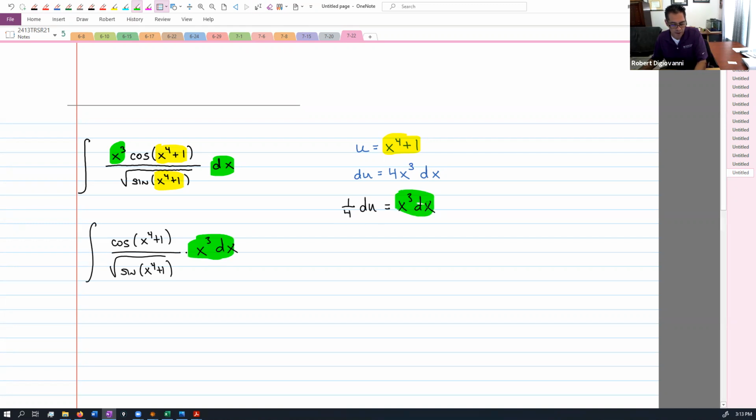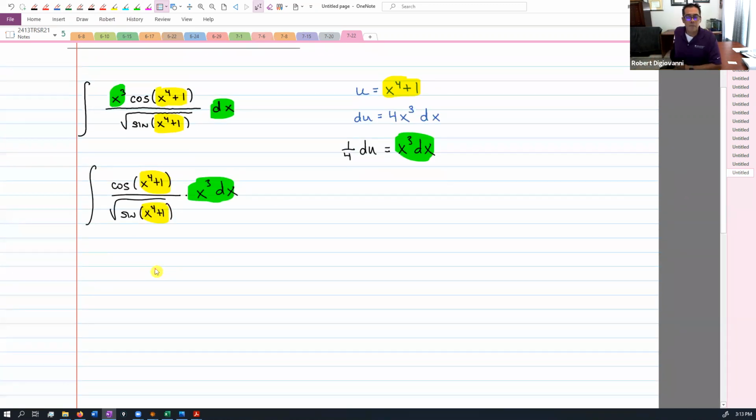The yellow parts are going to be replaced with u's. So rewrite the integral. The top is still cosine of u. The bottom is the square root of sine of u. And then the x cubed dx gets replaced with the 1/4, which I'm bringing to the outside, du.